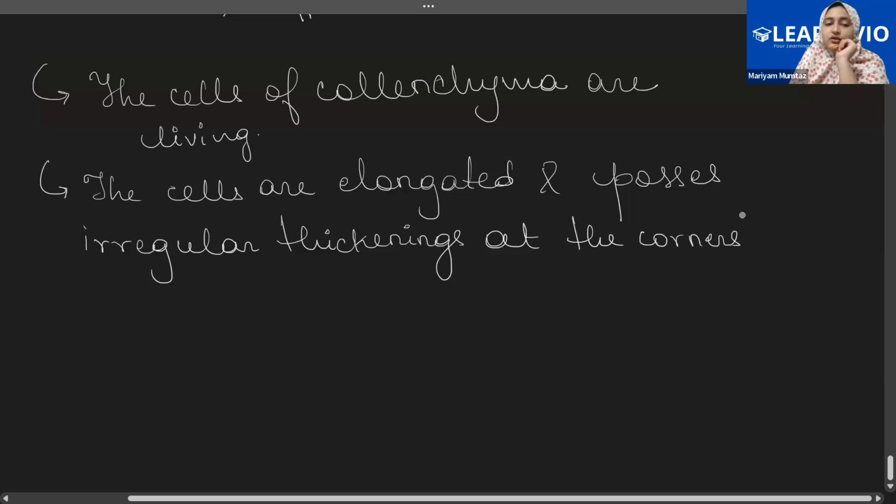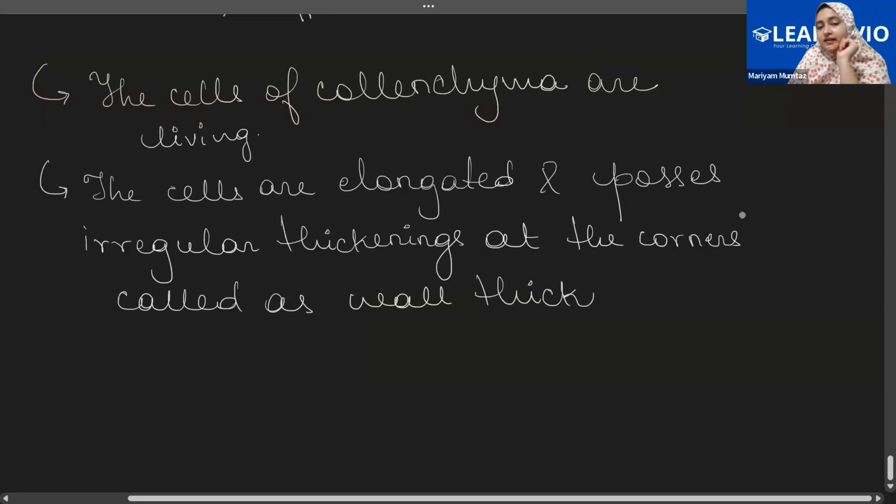What are the thickenings called? They are called wall thickenings. So it is irregularly thickened at some places in the tissue.